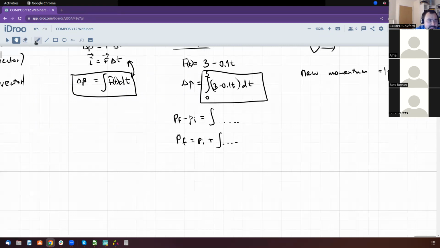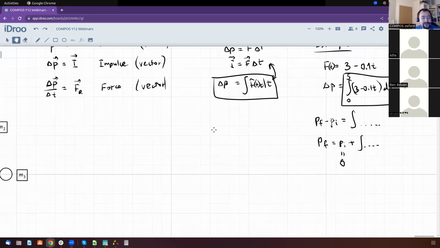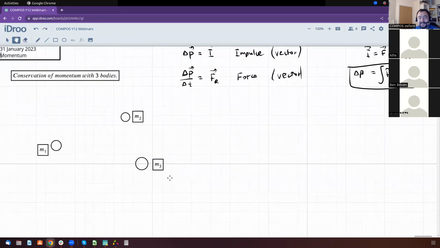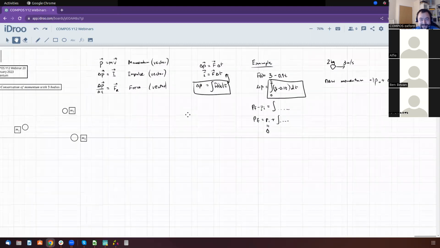But it's the same thing as saying that the initial momentum is 0. Therefore, your momentum is the integral.